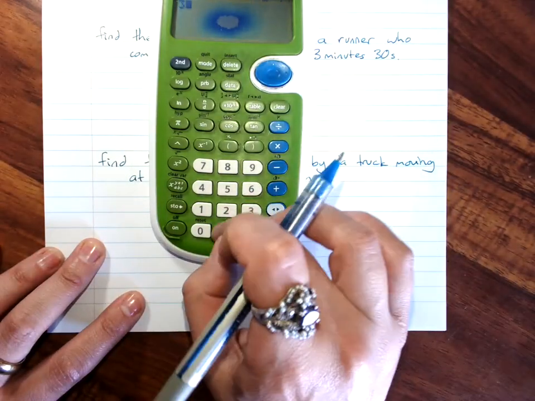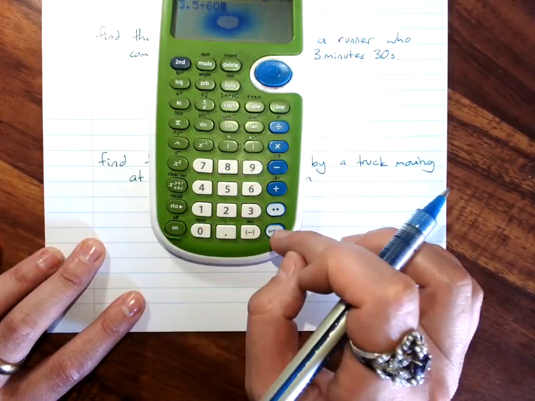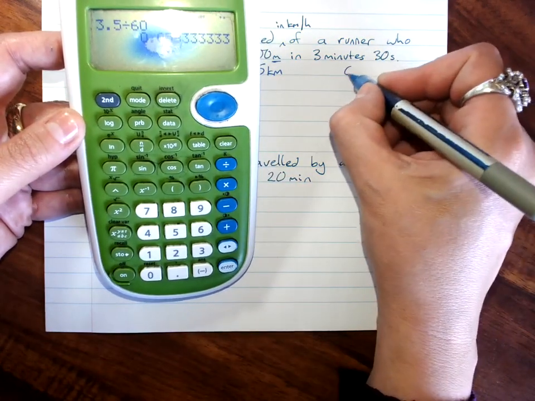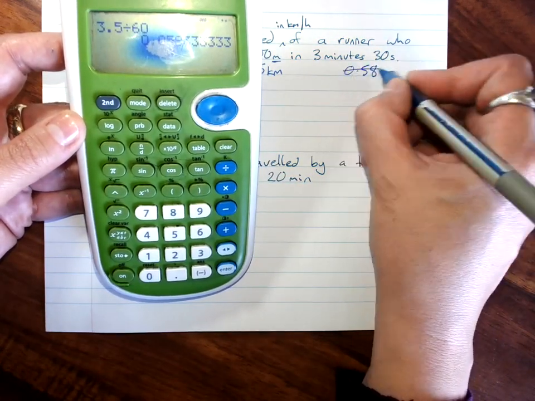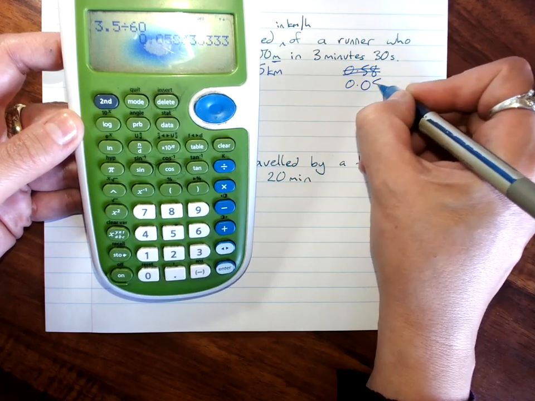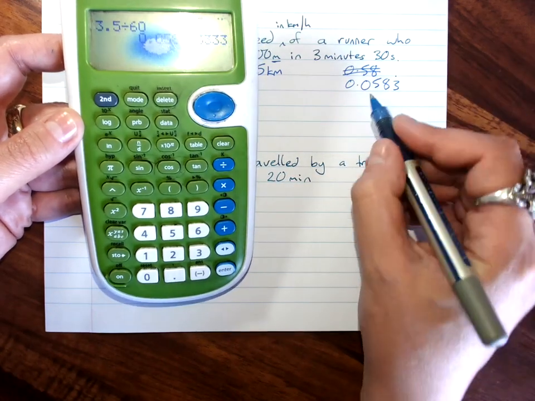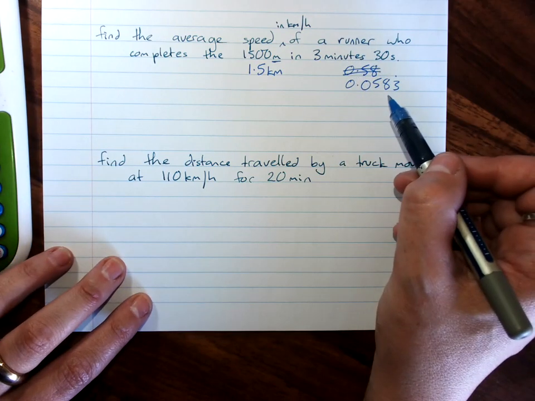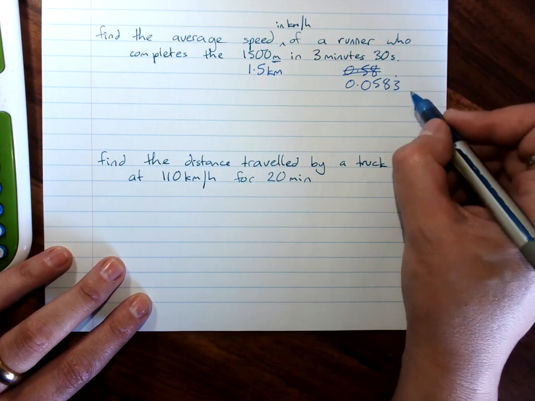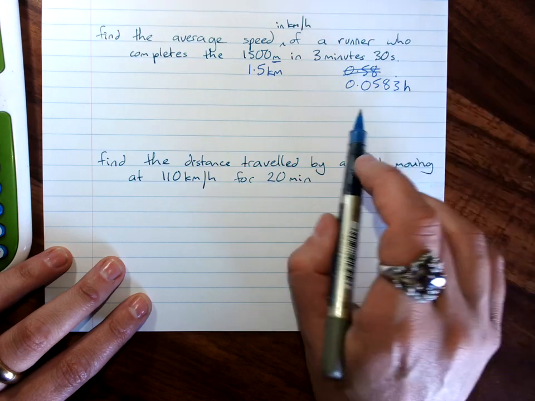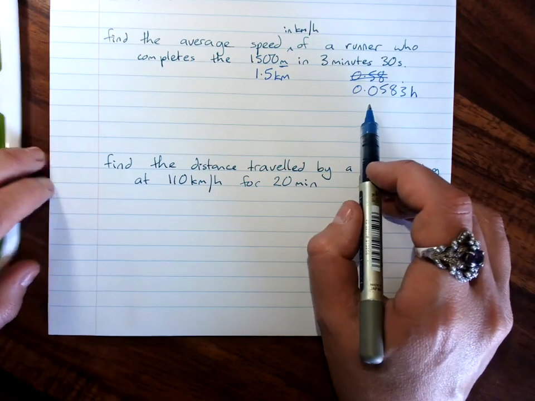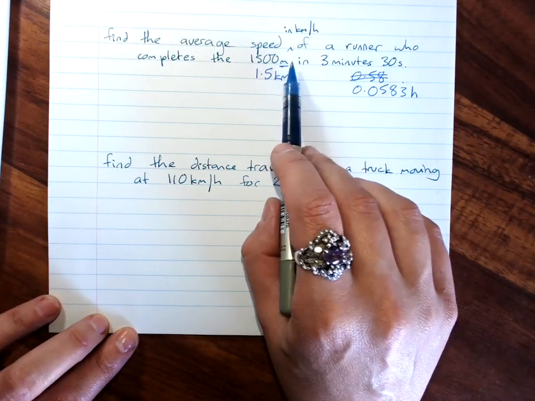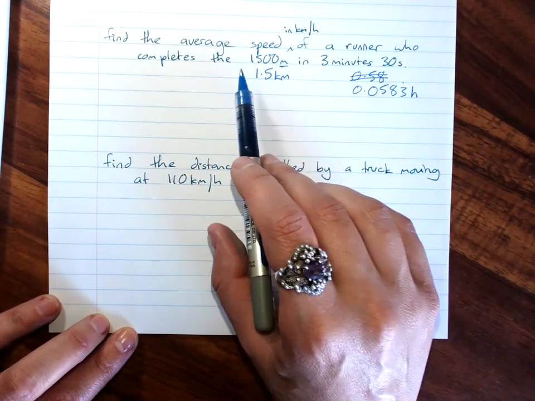So 3.5 divided by 60 is 0.0583 recurring. And that's hours. So you can see this is a little bit annoying to have to use a number like this, so we might have been better off working out speed in meters per second and then converting.